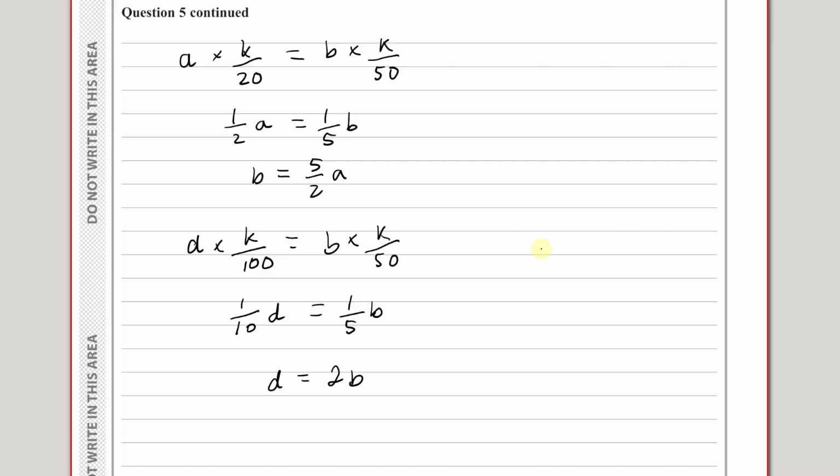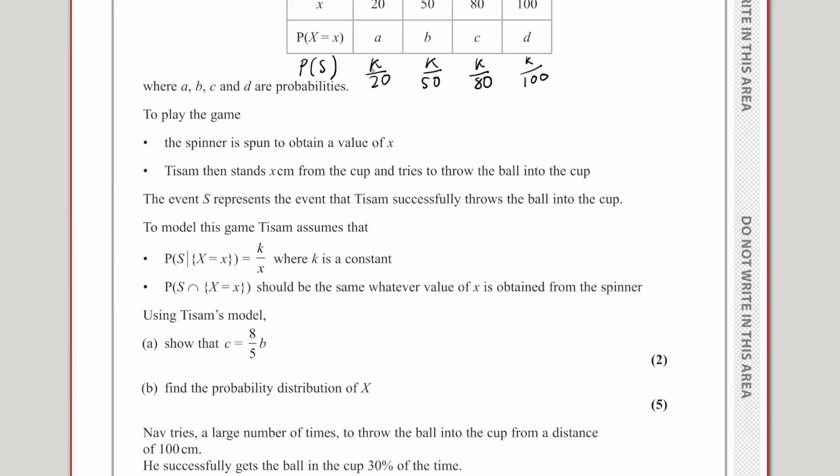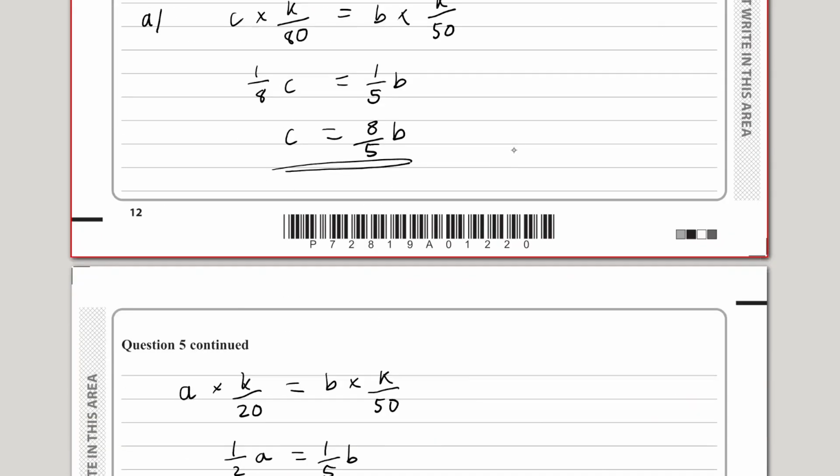And if I change this one into a equals 2/5 of b. So they're all in terms of b, and all the probabilities have to add up to one whole. So a plus b plus c plus d must equal 1.